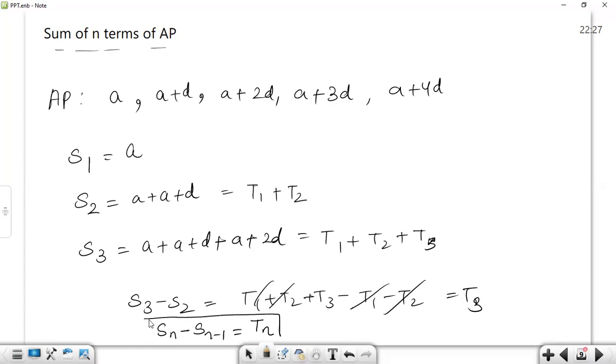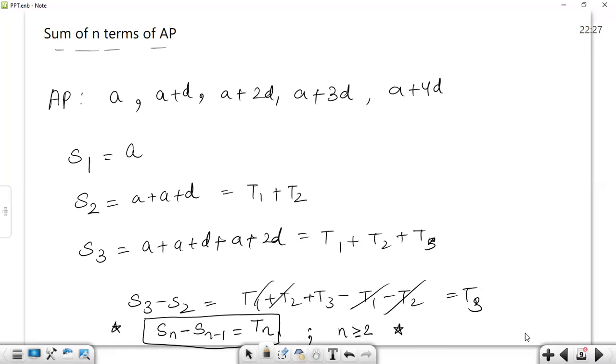This is one observation we have to note: the nth term is given by S of n minus S of n minus 1. But you have to be sure that n minus 1 cannot become 0, so n has to be greater than 1. So n can be 2 or greater than 2 for this condition to hold. Clear? Any doubts? No, sir.